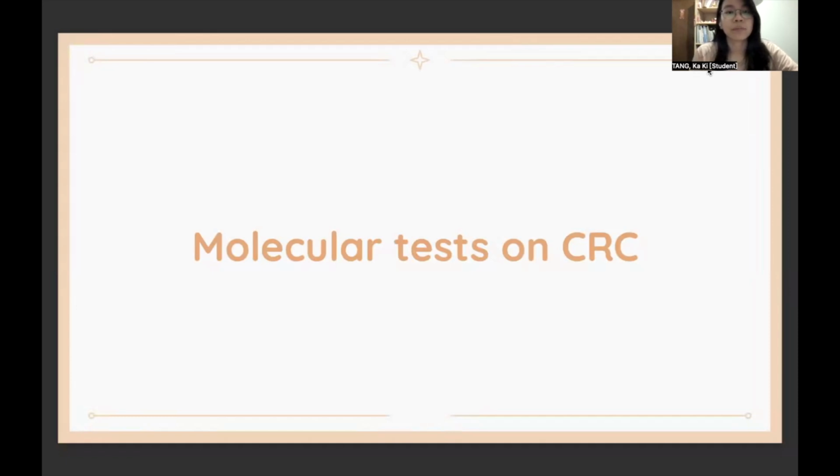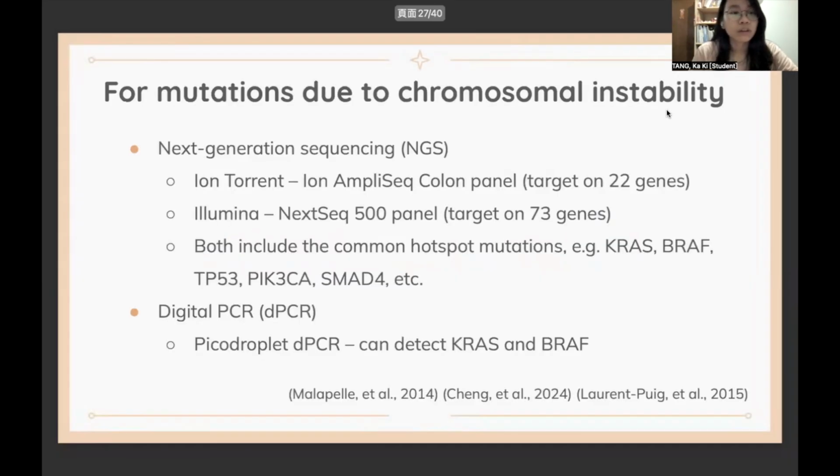Colorectal cancer can be diagnosed by molecular tests. For mutations due to chromosomal instability, next-generation sequencing and digital PCR are highly recommended. For NGS, Ion Torrent and Illumina are the commonly used NGS platforms for detecting hotspot mutations of colorectal cancer.